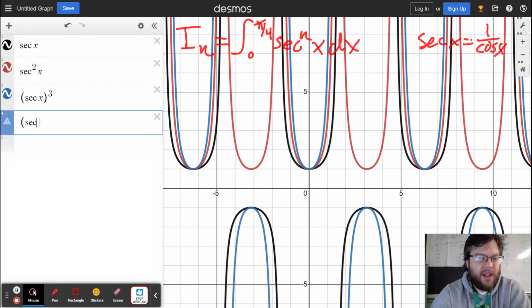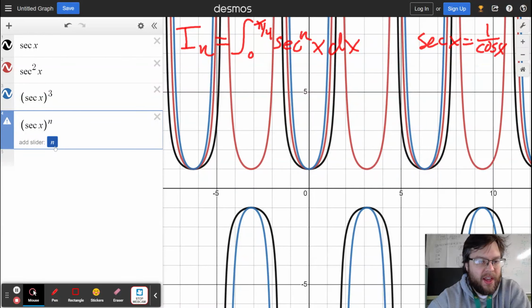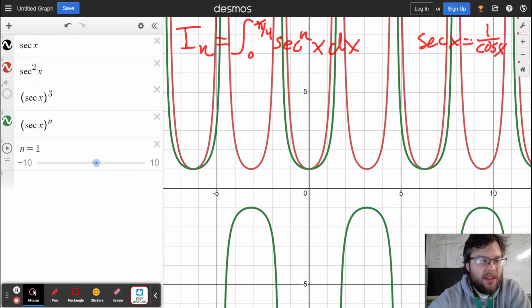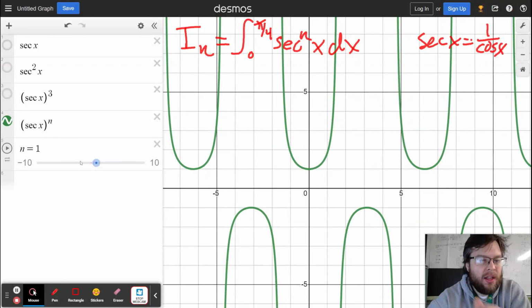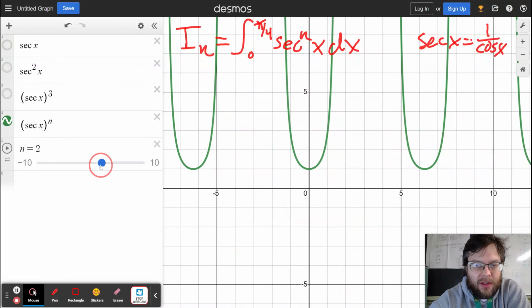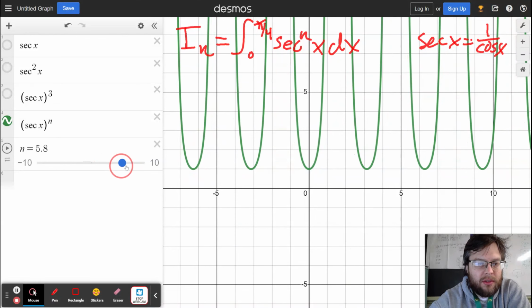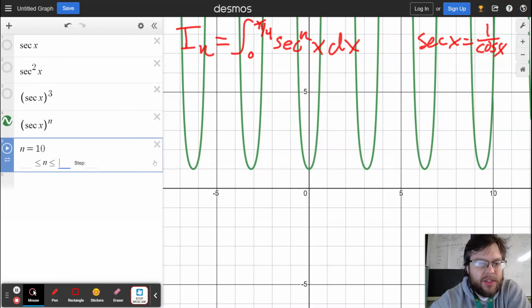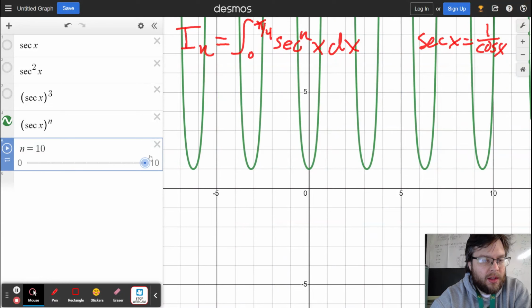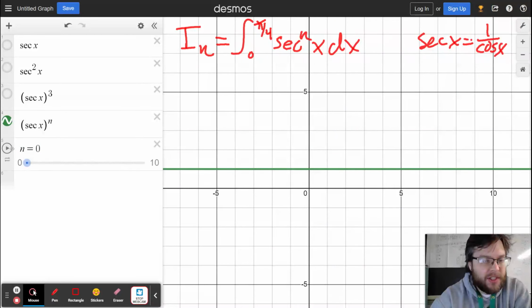In fact, I could ask it to do secant of x raised to the n, and I can add a slider for n, and you can look at what happens as we raise it to different powers. I think I can change this to go from 0, let's go to 10, and let's have a step value of 1. Then we can see really what it looks like for the first 10 iterations.